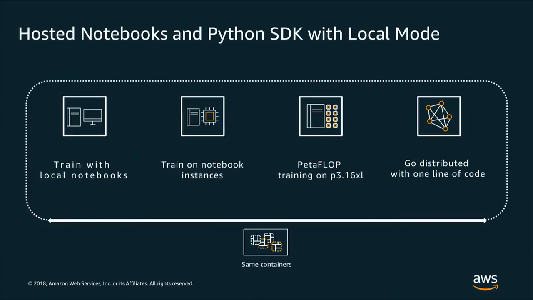So for enabling our customers and developers to build, we have a hosted notebook environment where within a few clicks you can get a Jupyter notebook that is provisioned. It has all the necessary packages.